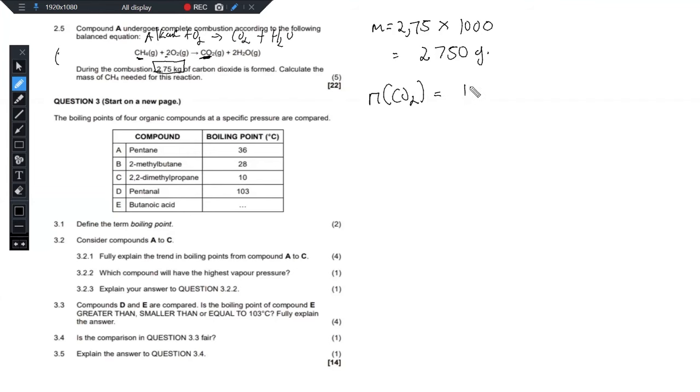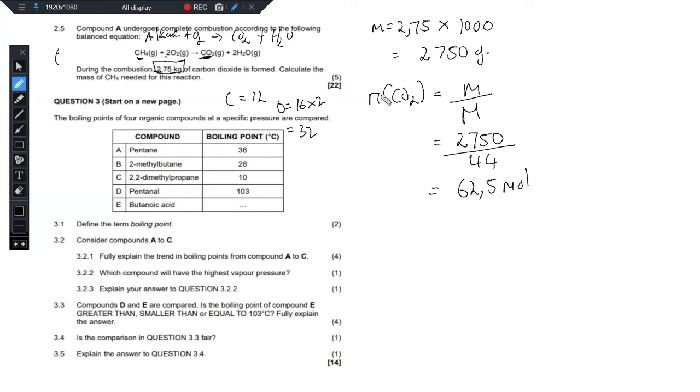A calculation question that appears in question 2 cannot be that difficult. It's just basic stoichiometry, or they will ask you to do empirical formula. I think there was one question in June whereby you had to do empirical formula. Then this is 2,750 over the molar mass of carbon dioxide. Carbon is 12, oxygen is 16, but there are 2 oxygens in carbon dioxide, which makes it 32, 32 plus 12, that's 44, right? And then if you punch that into your calculator, you get 62.5 mole, right?